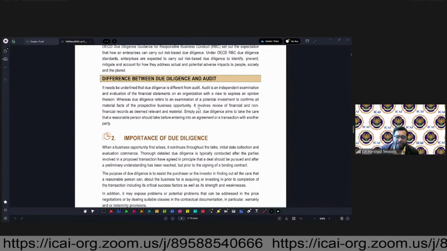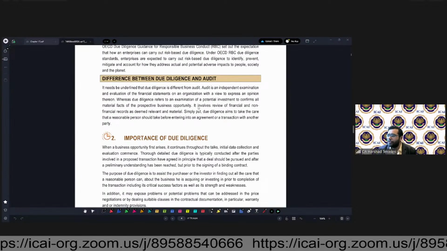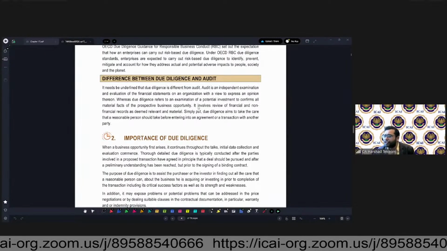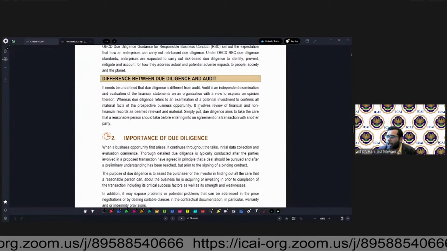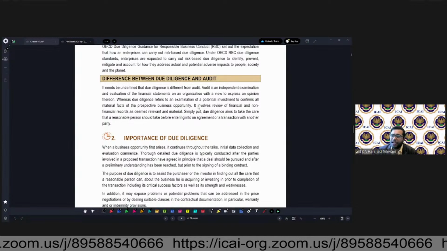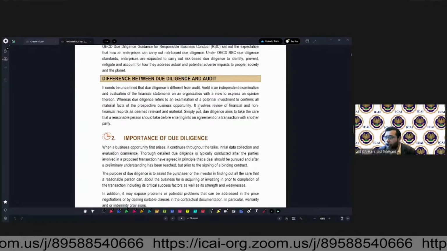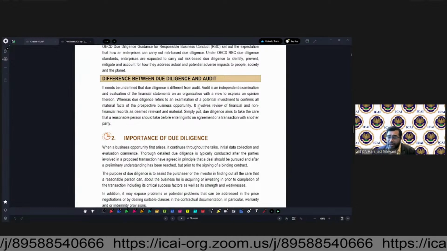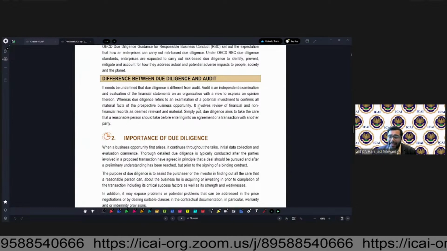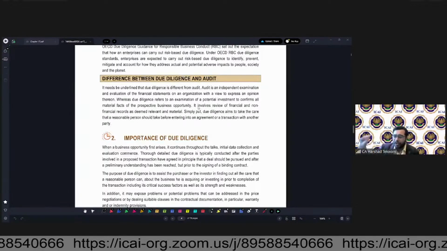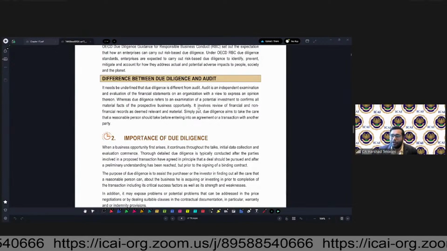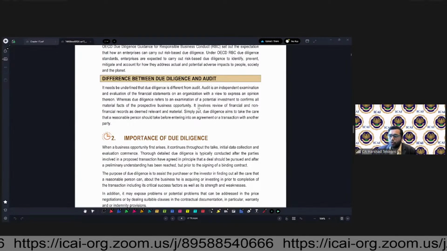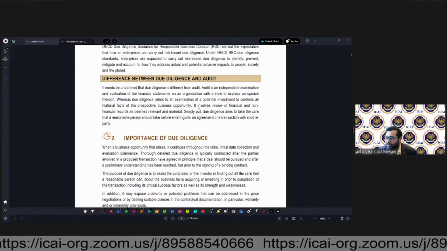It covers financial information, non-financial information, legal documents, contracts, intellectual property, customer relationships, operational processes. A lot of things are involved which are over and above your audit scope, and which may not be restricted to a particular year. Unlike audit, which is for a particular year, in due diligence you may cover, depending upon the transaction, maybe 2, 3, 4, 5 or whatsoever years.